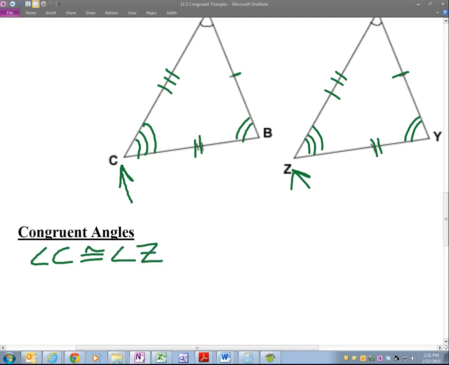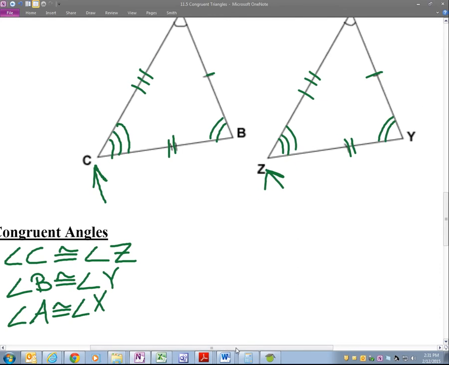Okay, good. Somebody else? McGuire, I haven't heard from you yet. Angle B is congruent to angle Y. Then there's one more, correct? Angle A is congruent to angle X.